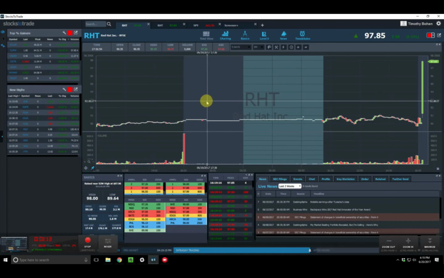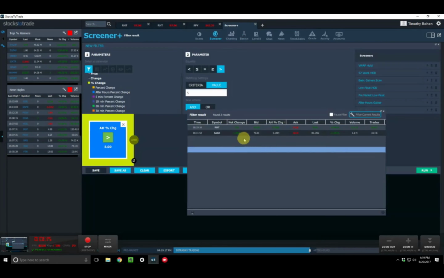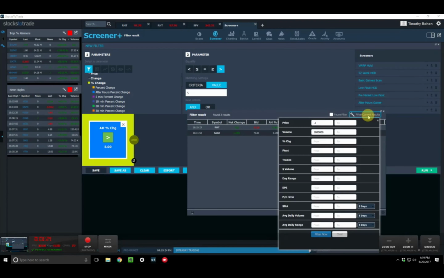Anyway, let's get back to the screener. So what I got is, again, just this percent change greater than 5. And then I'm filtering. I don't typically trade anything less than 50 cents, so what I filter by is a bottom end price limit of 50 cents, so 0.5.